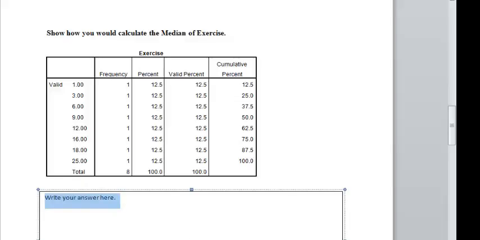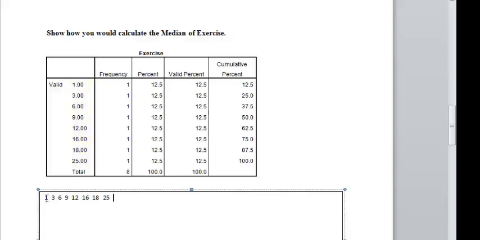So if you do what we did before, again, you're calculating these numbers here. So you'd have 1, 3, 6, 9, 12, 16, 18, 25.